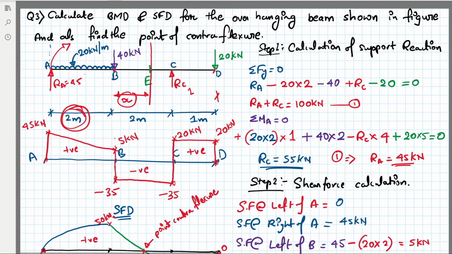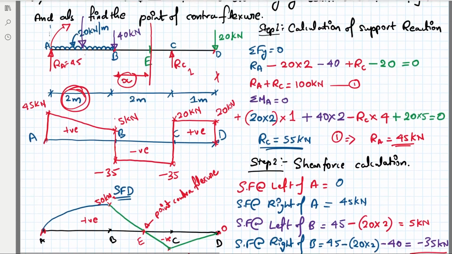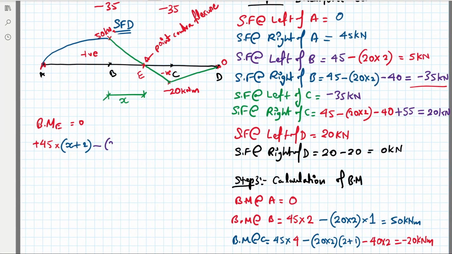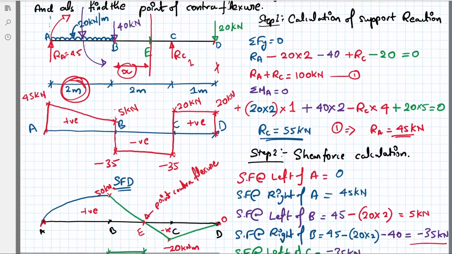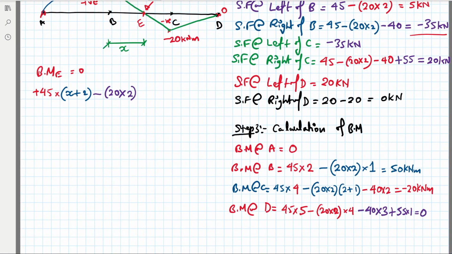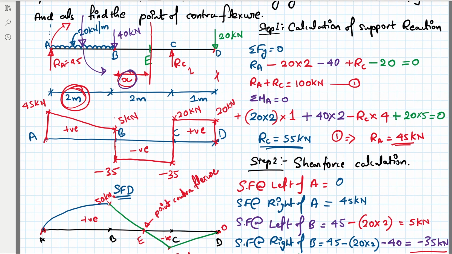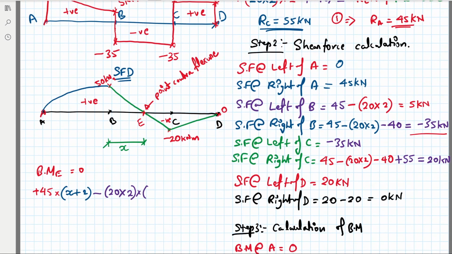If I convert that into a point load, which acts somewhere here, the intensity of that point load because of the UDL is 20 into 2 meter, total 40. It rotates point E in the anti-clockwise direction. So I will take minus 20 into the distance of 2 meter, that is the distance of the UDL. It acts at a distance from E of x plus 2 by 2, that is 1 meter, so I can take a distance of 1 plus x.